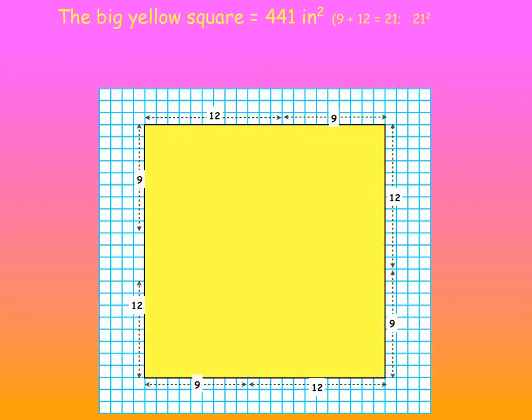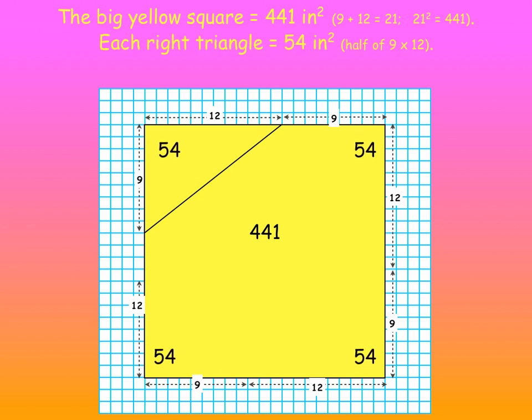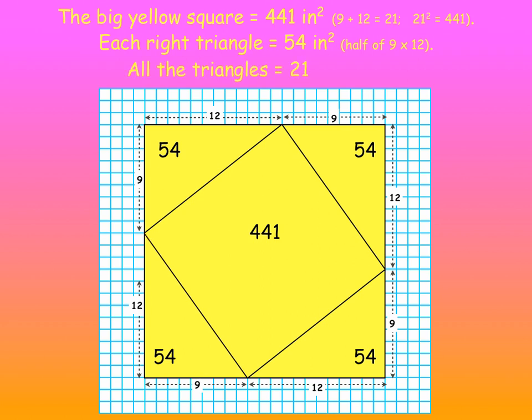The big yellow square is 441 square inches. Each right triangle is 54 square inches. All the triangles are 216 square inches.